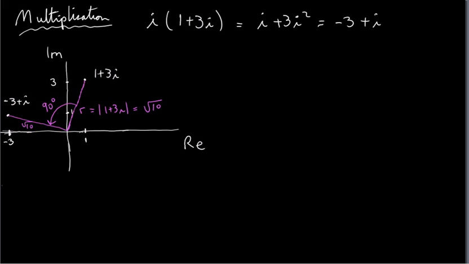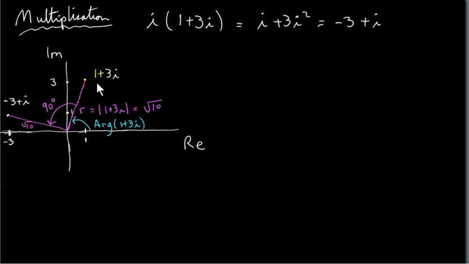But theta for 1 plus 3i is this angle here. And theta for minus 3 plus i is this angle here. Again, you see theta is measured anti-clockwise from the positive real axis. So the difference in both of these angles is 90 degrees. By the way, this angle here is often referred to as the argument of the complex number, or arg for short.